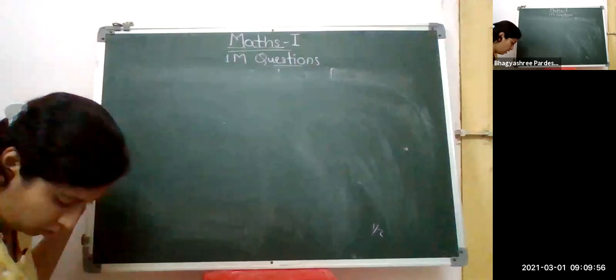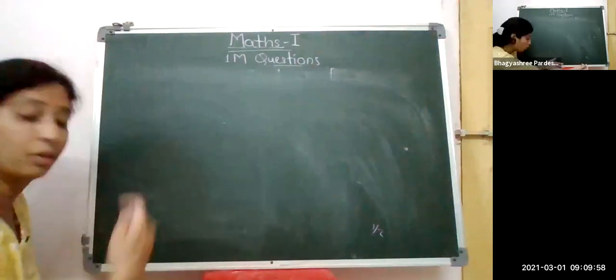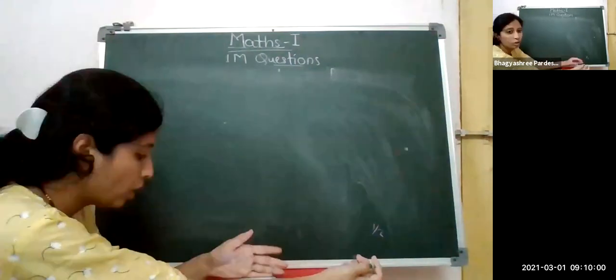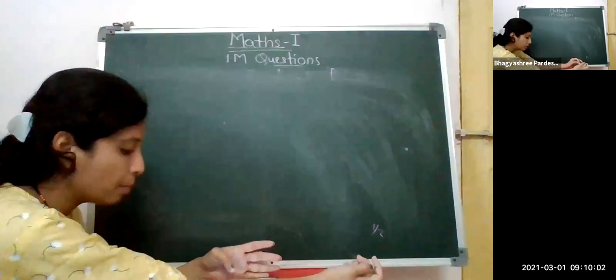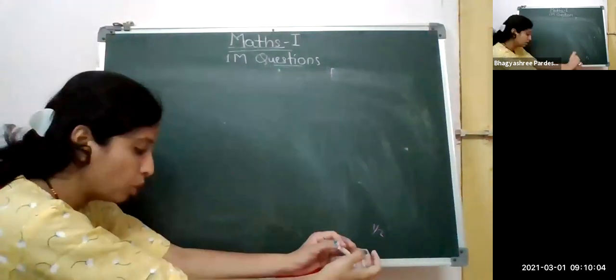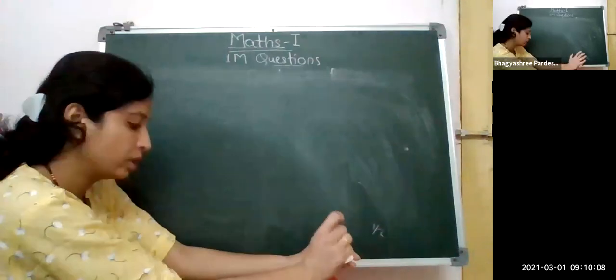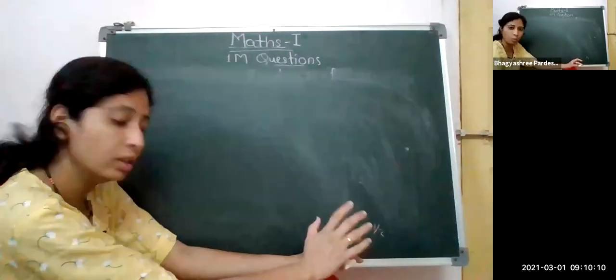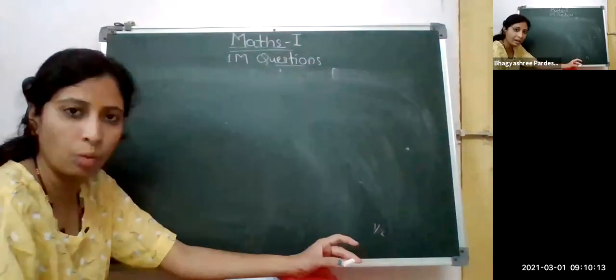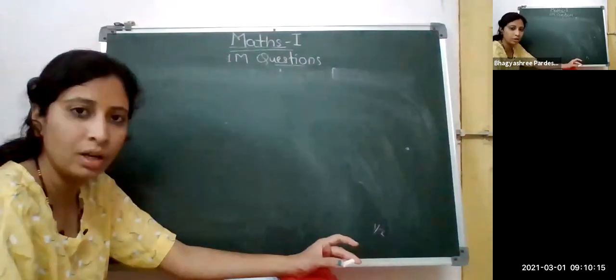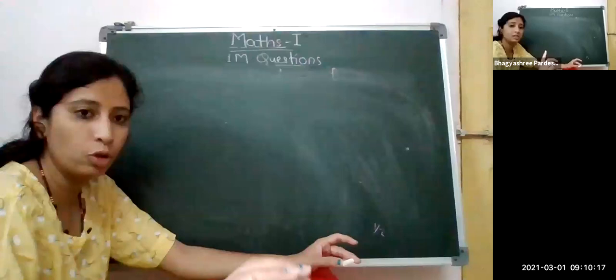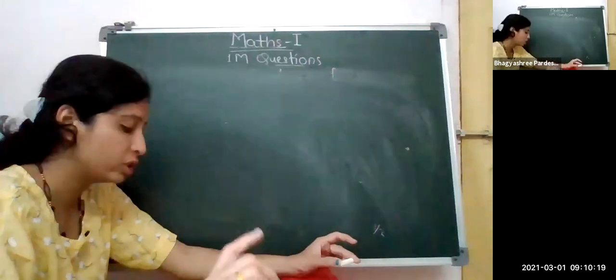Okay, so next is one more type of question I'm just reading. What is the number of sample points when a coin is tossed? So what will be the answer for this one? Look here, students, this question was asked in one of the previous years' board question papers. And if you remember, in one question paper which we have solved, the same question was also asked.